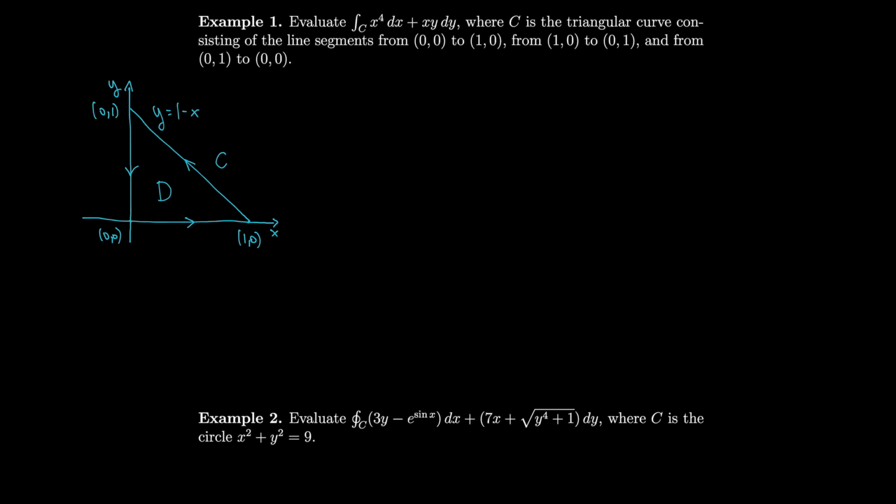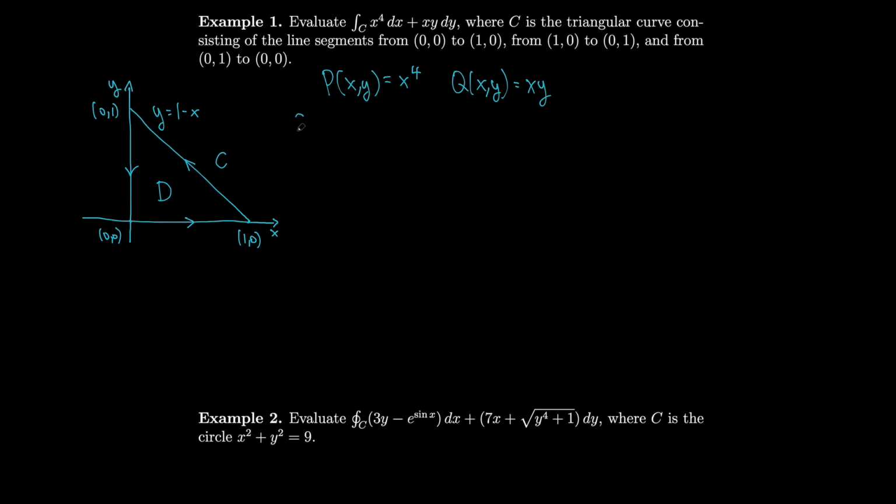So now we have, from our line integral that we're given, P is the one next to dx, Q is next to dy, so P is x to the 4th, and Q is xy.